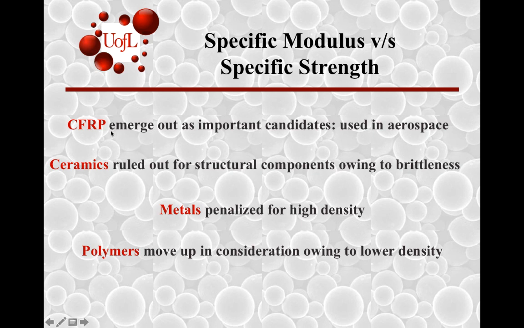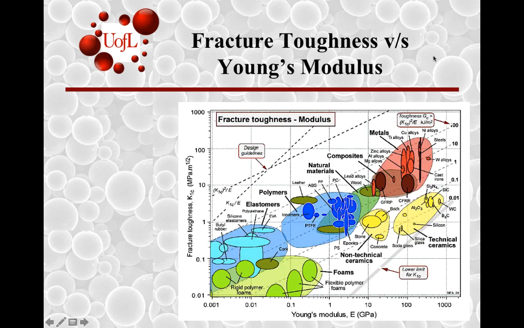Because you get a combination of properties with fiber reinforced plastics, especially carbon fiber reinforced plastics, they end up becoming important candidates used in demanding applications in aerospace, where fuel efficiency, for instance, as well as structural integrity are important criteria for performance.